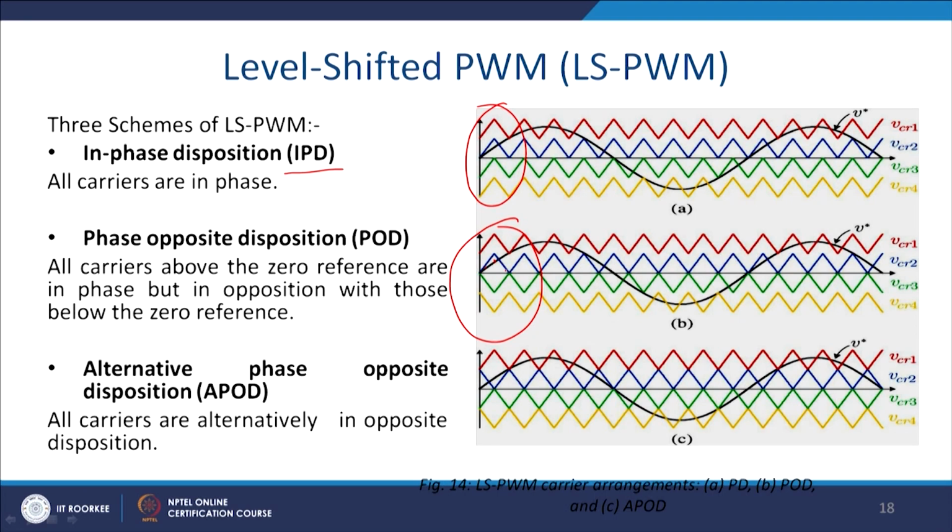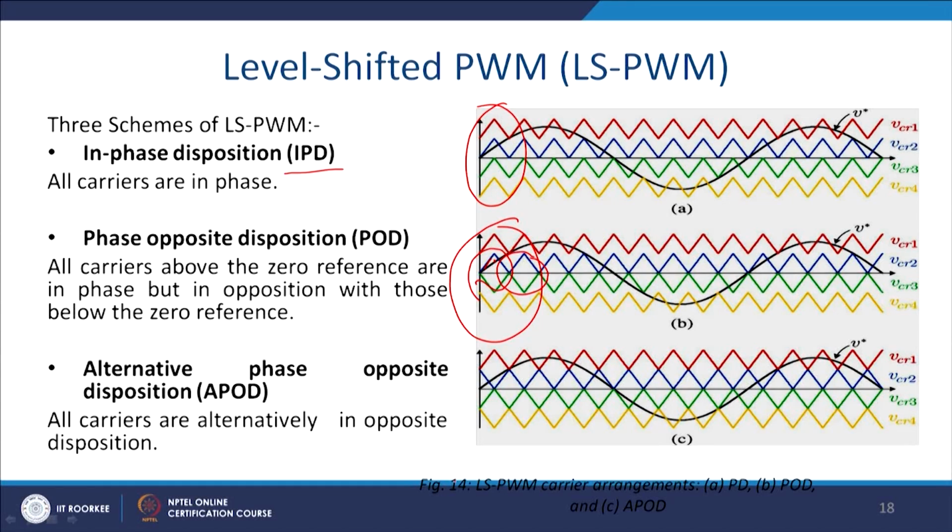Essentially this one and this one are mirror images of each other, and this is shifted. And there is another method called alternative phase opposition disposition or APOD. All of these have their advantages and disadvantages that need to be discussed in great detail, to appreciate the PWM control technique for the 3 level inverter.